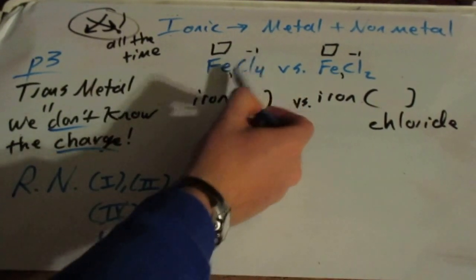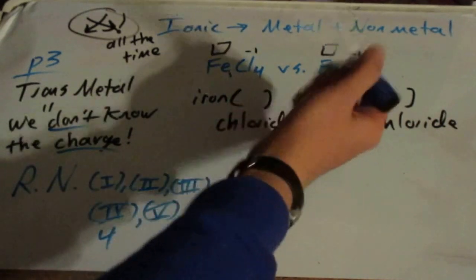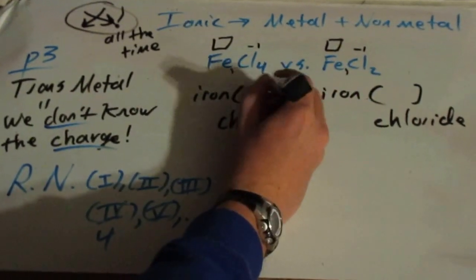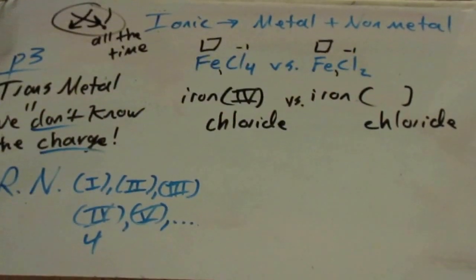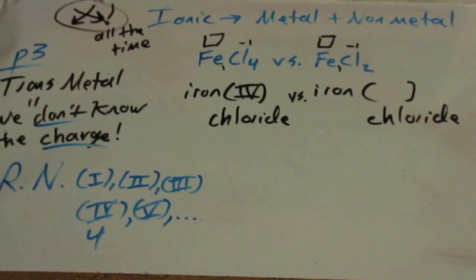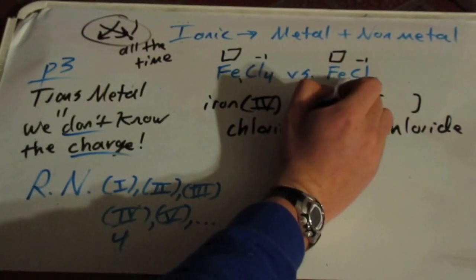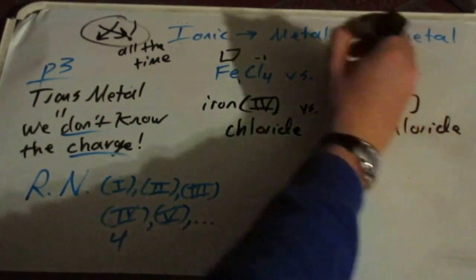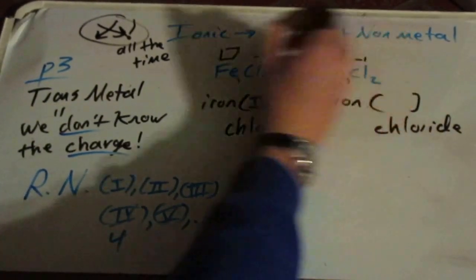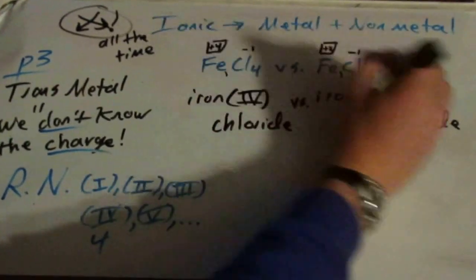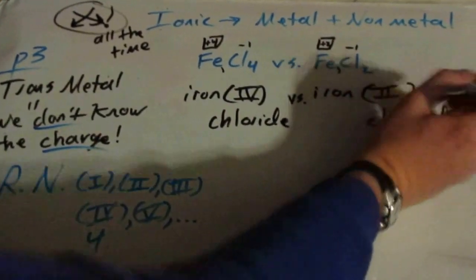How could you balance out a -4 with one thing? Well, it's got to be +4, right? +4 and -4 is neutral, so iron IV chloride. Same thing here. If you have -2 here, how can I balance that out with one thing? It's got to be +2, which means this is going to be iron II chloride.